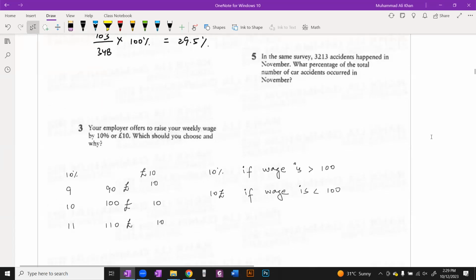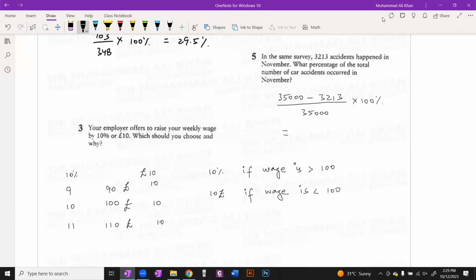Now, question number 5. In the same survey, 3213 accidents happened in November. What percentage of the total number of car accidents occurred in November? Total 35,000 थे हमारे पास, 35,000 minus 3213 divided by 35,000 multiplied by 100%.